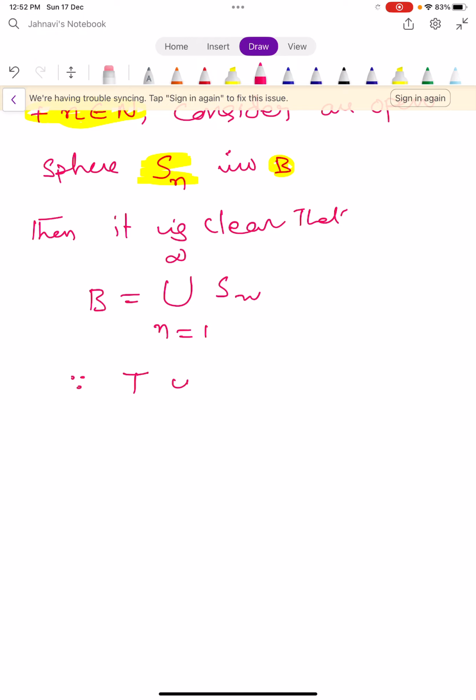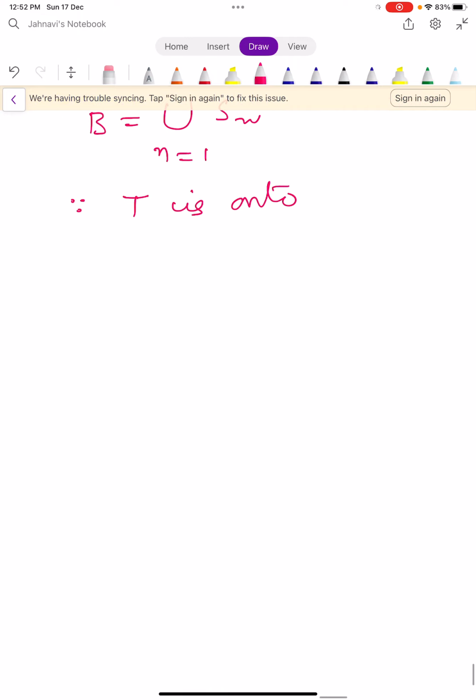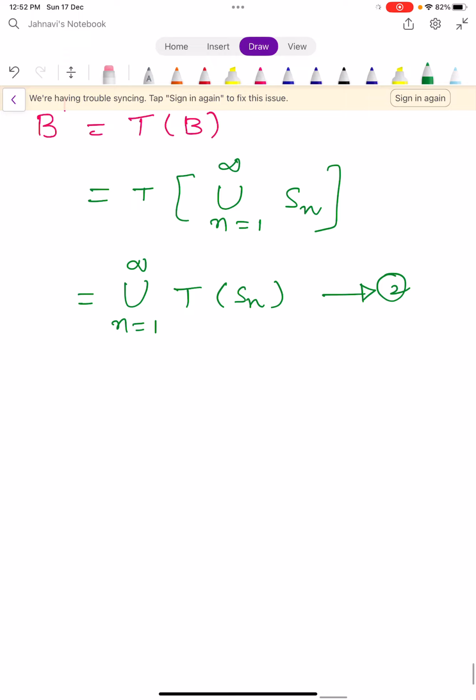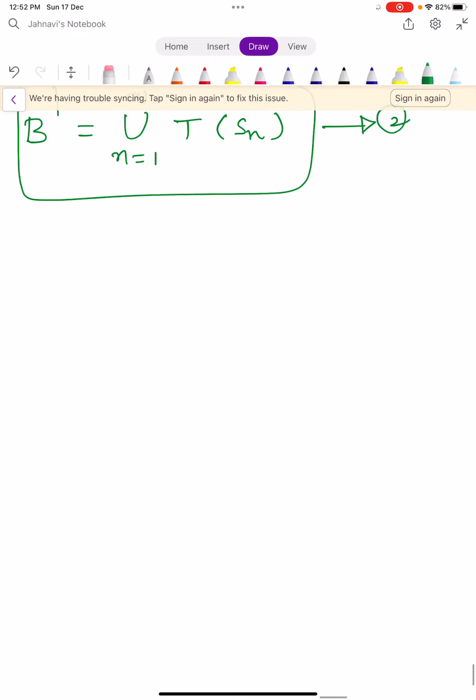Since capital T is onto, by applying the definition of onto, B dash is equal to T of B. It is equal to T of union n equals 1 to infinity Sn, which is equal to union n equals 1 to infinity T of Sn. Let it be equation number 2. Therefore, B dash is equal to union n equals 1 to infinity T of Sn.